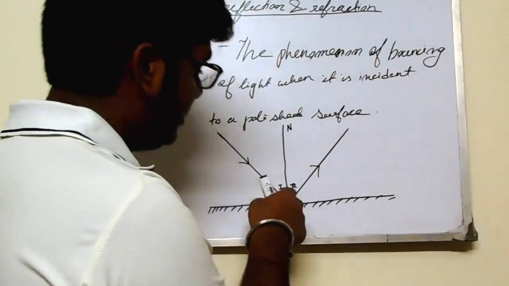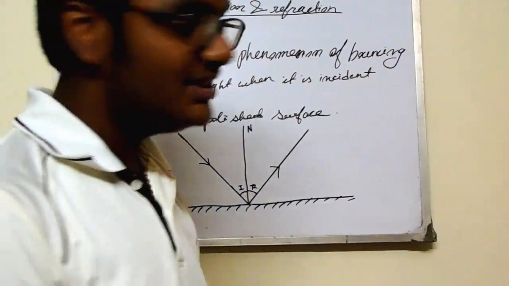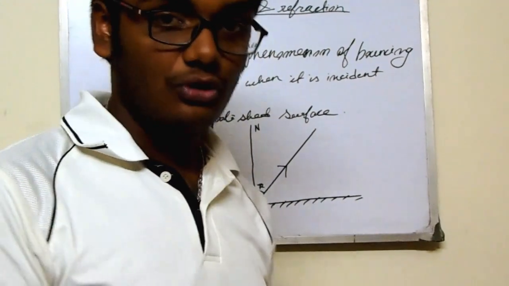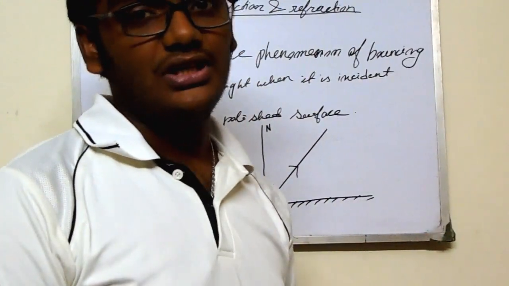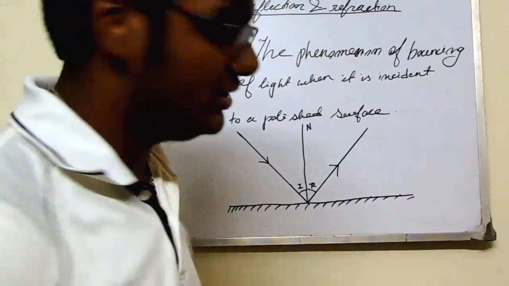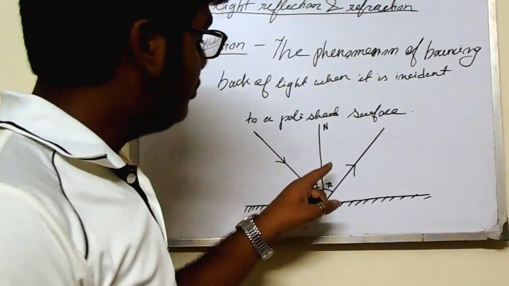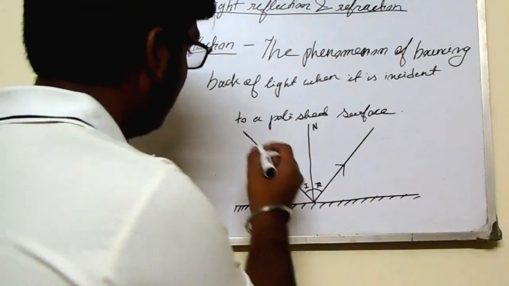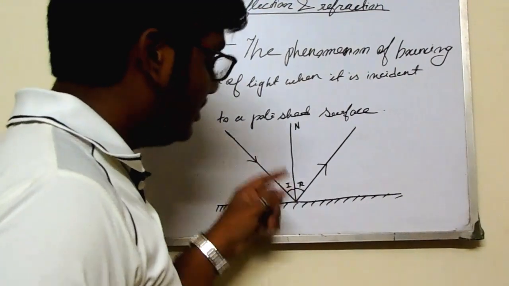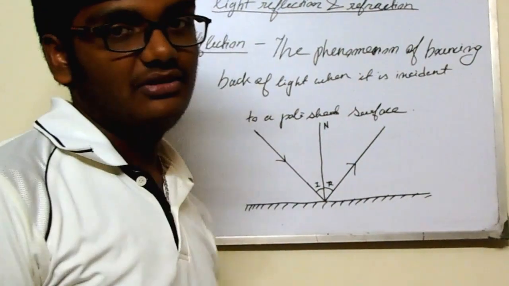Snell's law states that the angle of incidence is always equal to the angle of reflection. This is the incident ray which is falling, and the ray which is getting reflected is known as the reflected ray.